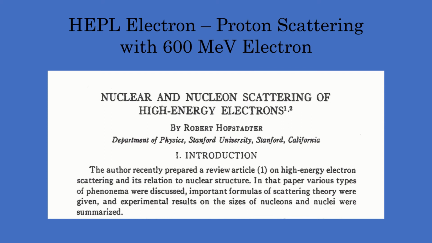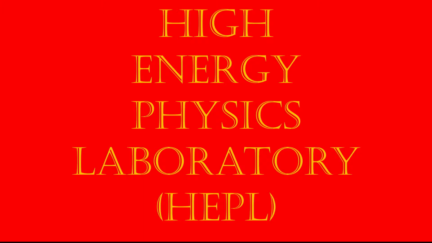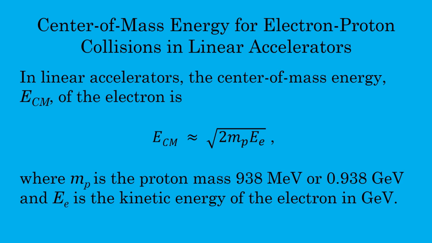A decade earlier, Robert Hofstadter had performed similar experiments using a smaller accelerator at Stanford, the High Energy Physics Laboratory, HEPL. For linear accelerators firing electrons at stationary protons, the center of mass energy, E sub cm, is approximately equal to the square root of 2 times the mass of the proton in energy units times the kinetic energy of the electron.